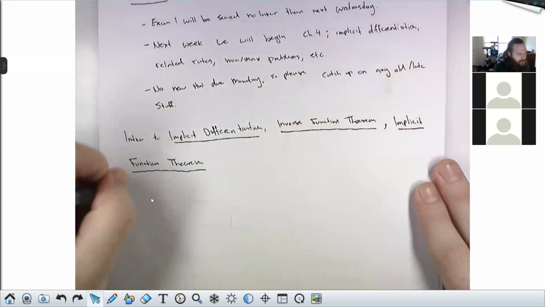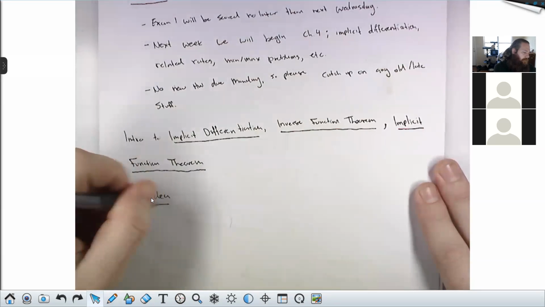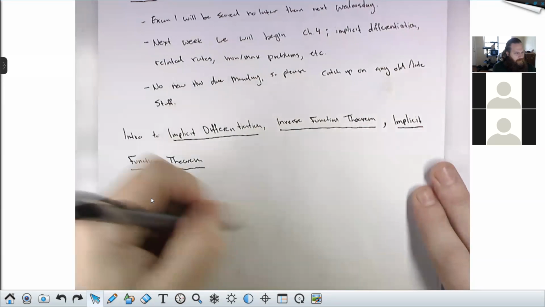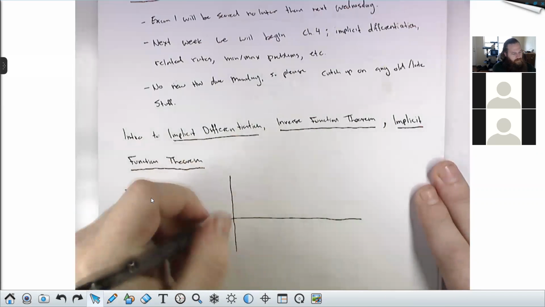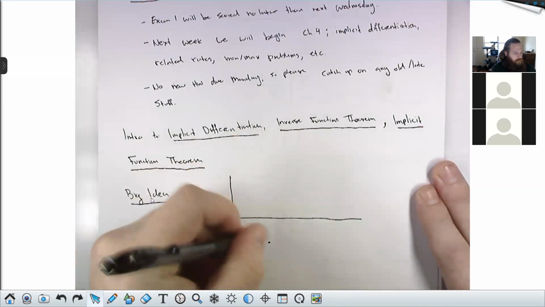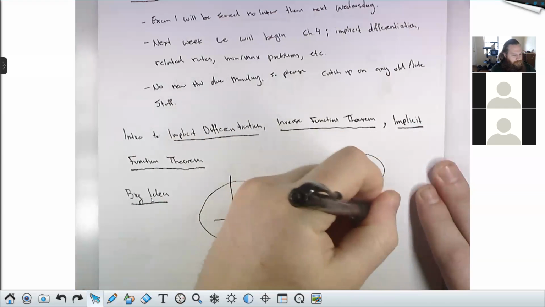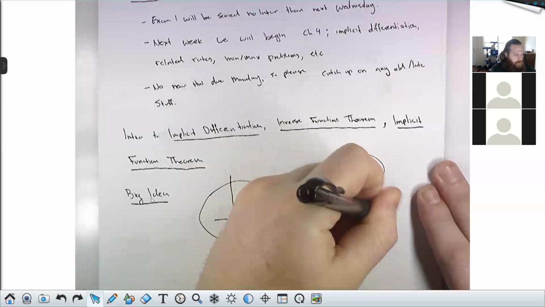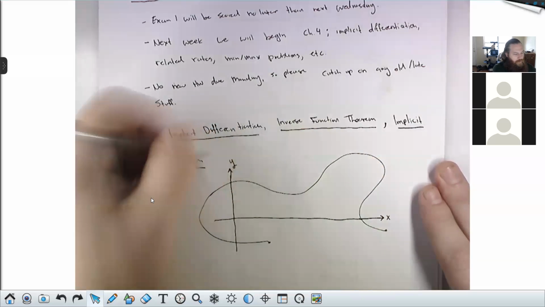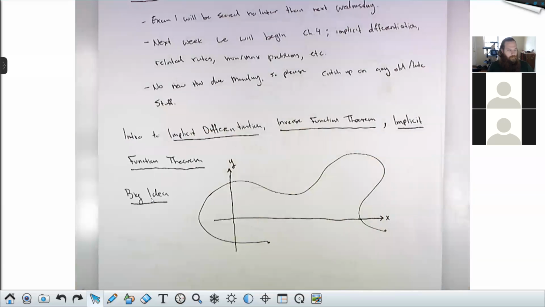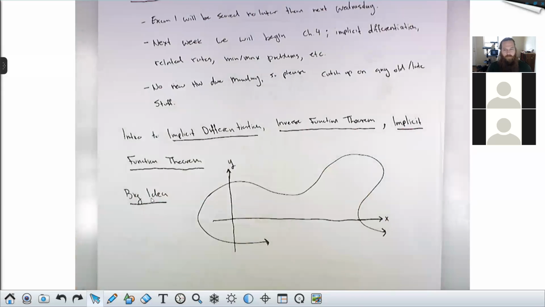Here's the big idea. Maybe I have some curve and it's not actually a function, right? Maybe I've got something that looks like this. This thing massively fails, and I don't really care what it does outside of here.